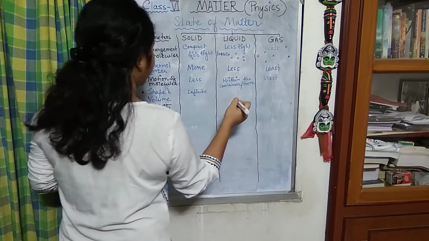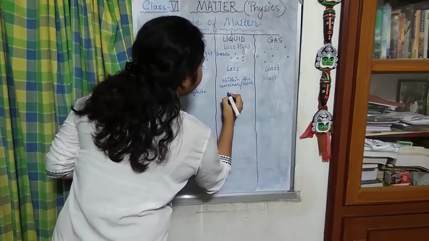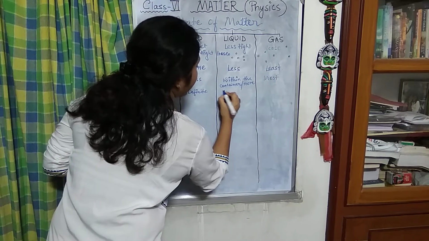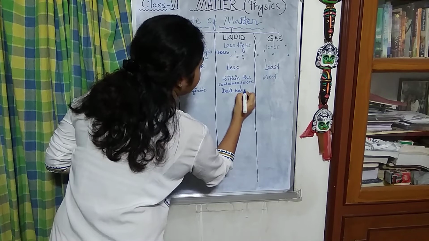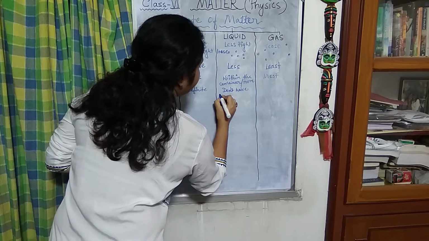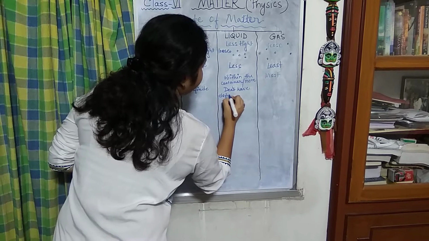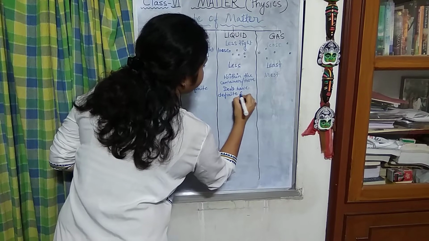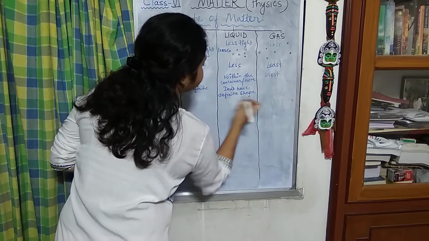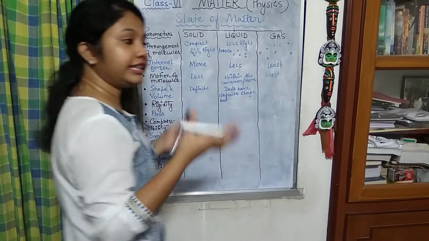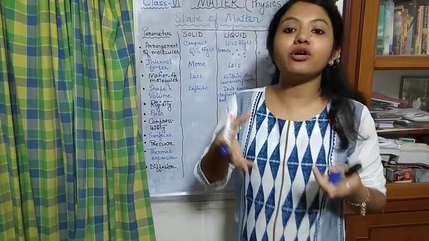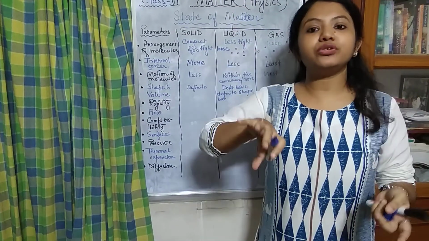Now in the case of a liquid, what happens? They don't have a definite shape, but they have volume. They take the shape of the container where you put the liquid.